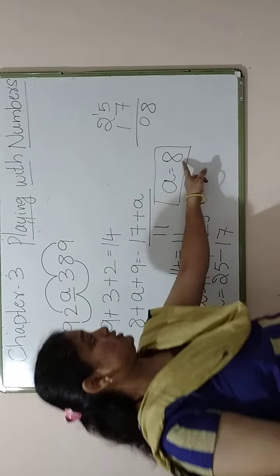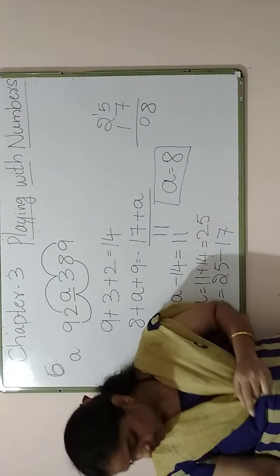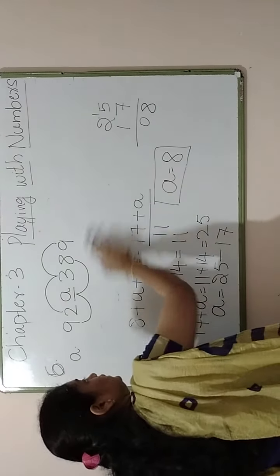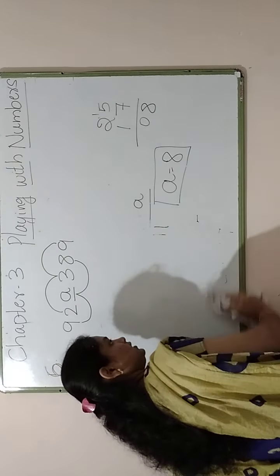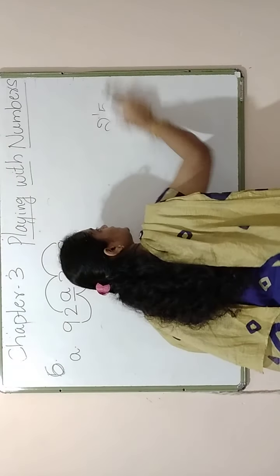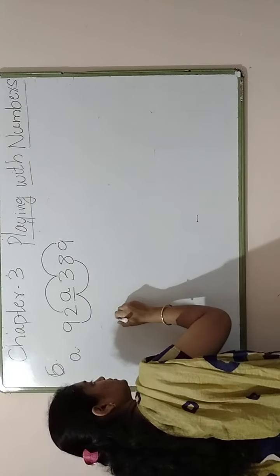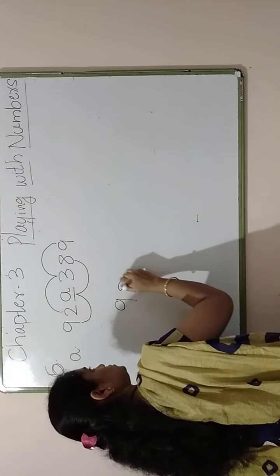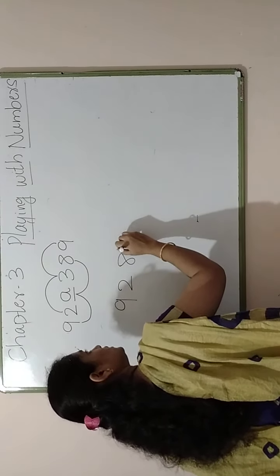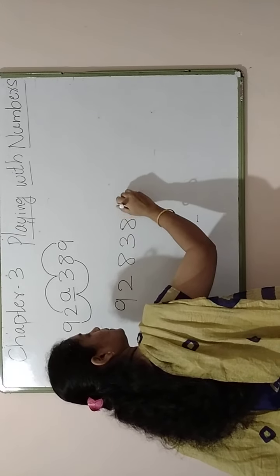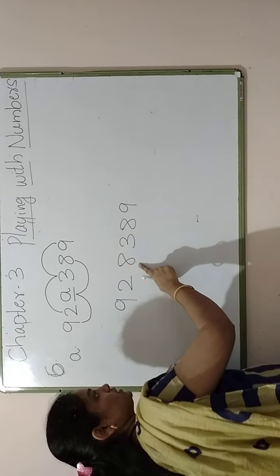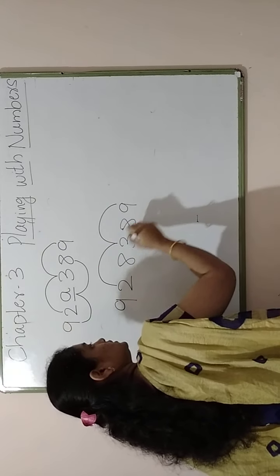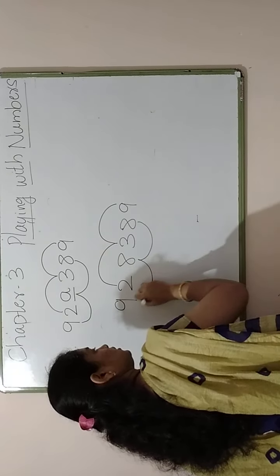So let us substitute this a here and check, let us check if the number is divisible by 11 or not. So let us check which number we got, whether it is correct or not. 9, 2, 8, 3, 8 and 9. 8 I got, right? So here odd numbers minus even numbers.